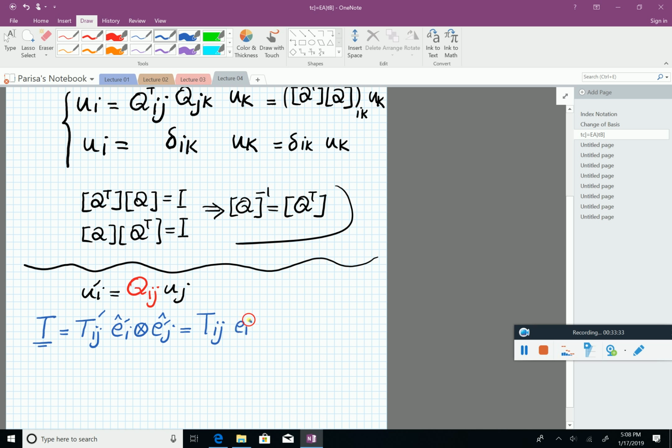This is important. So this is how the tensor would be defined in two different bases. So T prime ij, Tij.